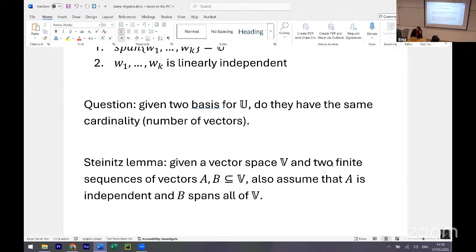We have two sequences of vectors, A and B. A is linearly independent and B spans everything.